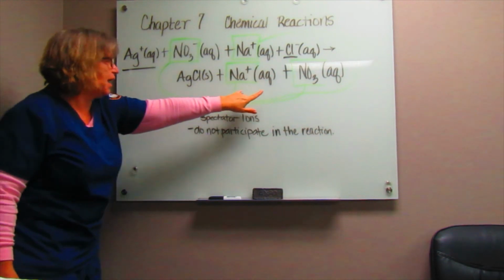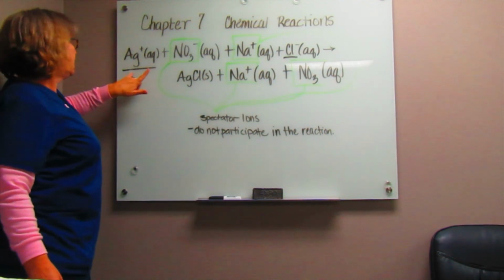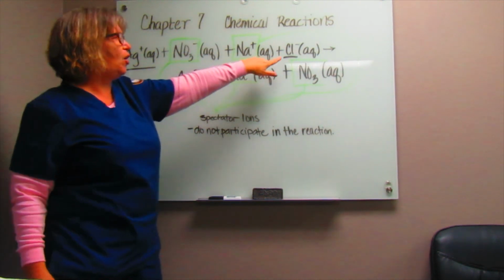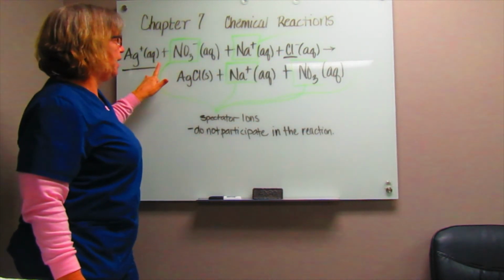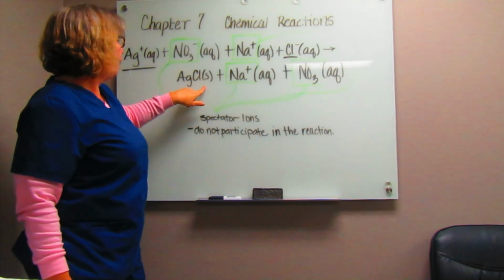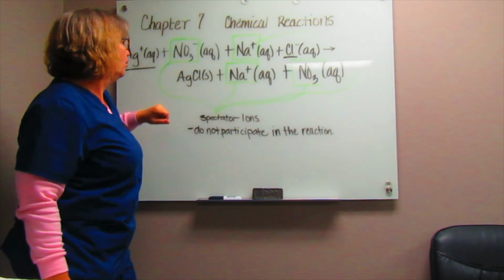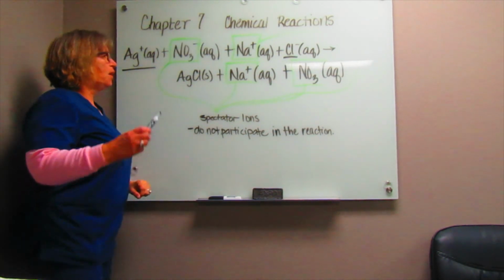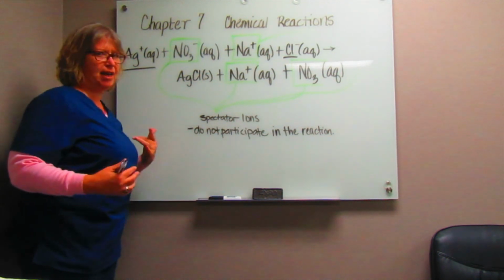On the product side, they're aqueous. Whereas the silver and the chlorine are aqueous on the reactant side, but when they react, when they come together, they form a solid. So they do participate in a reaction, right? So that is how we know how to identify our spectator ions.